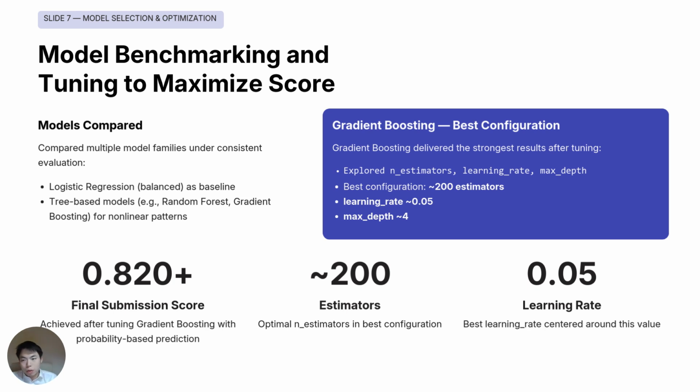The best configuration was around 200 estimators, a learning rate of about 0.05, and a max depth of about 4. When I increased the depth further, the performance stopped improving, which suggests overfitting. With the tuned model and the probability output, I reached my best performance of around 0.820.